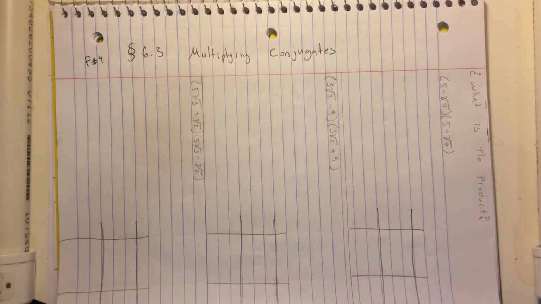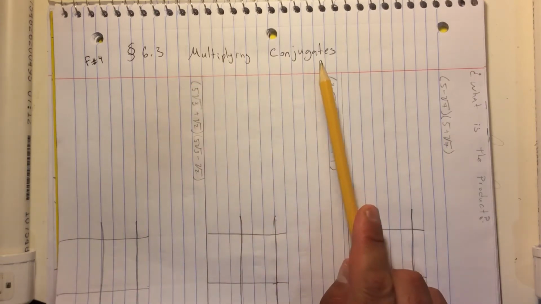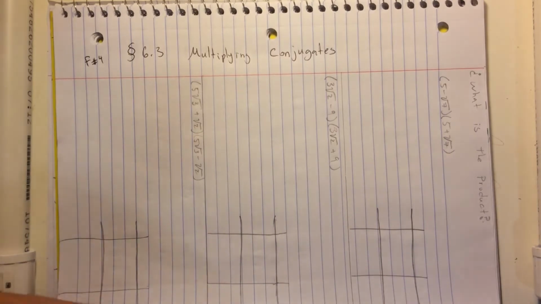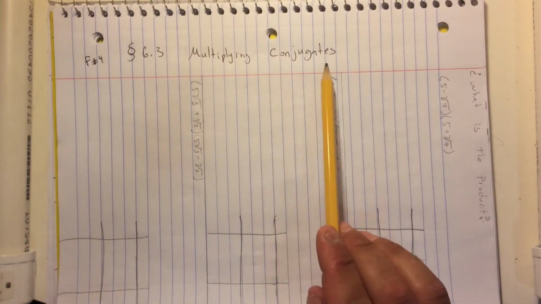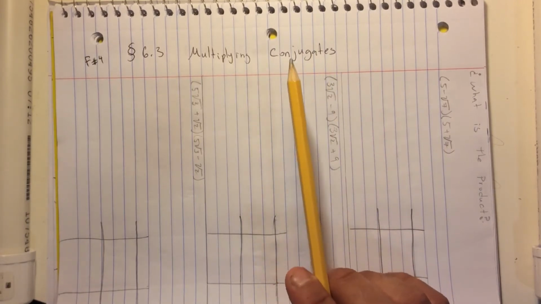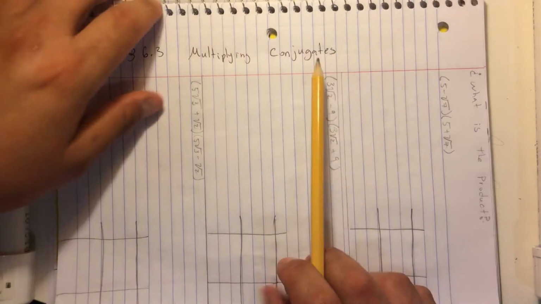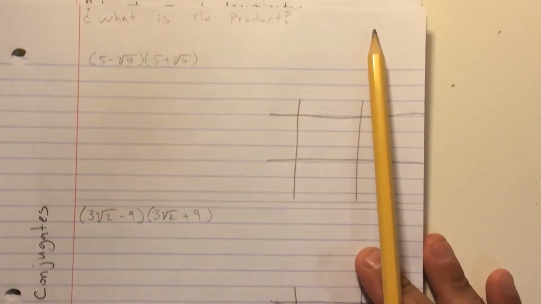This is Foldable 4. This is section 6.3, multiplying conjugates. So before we get into some of the work, I just want to do a little bit of a definition. A conjugate is actually a pair of two binomials that are almost exactly the same, but one is positive and one is negative.